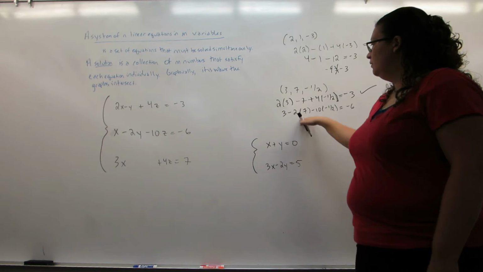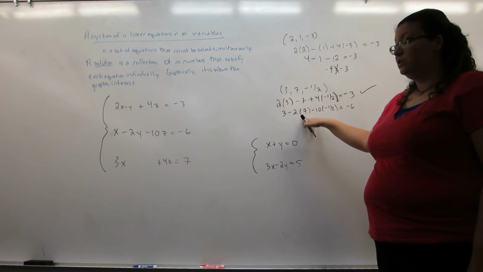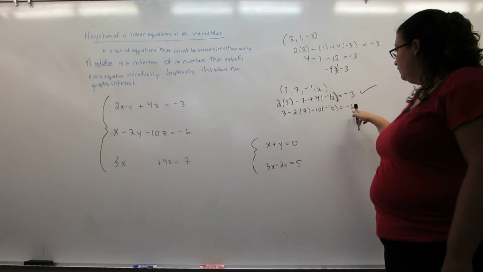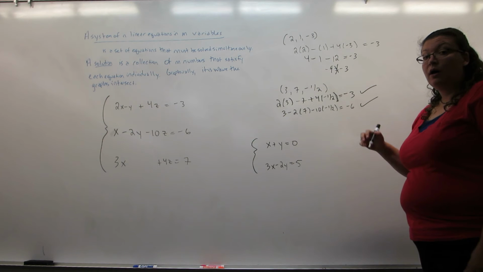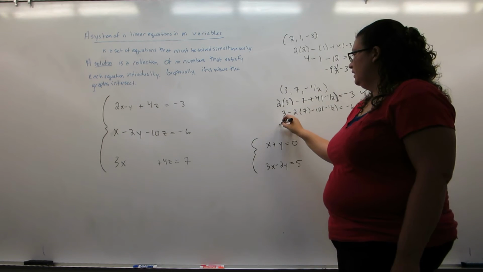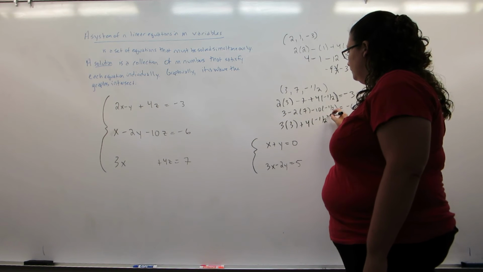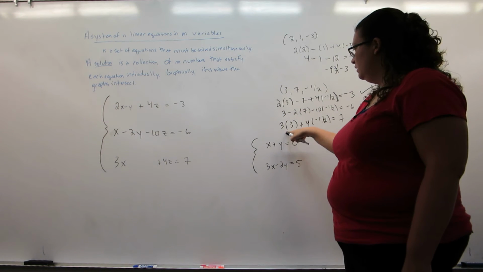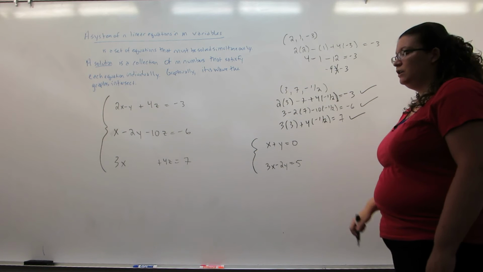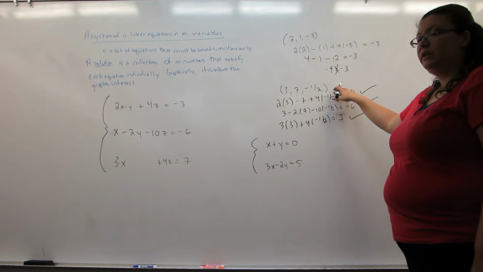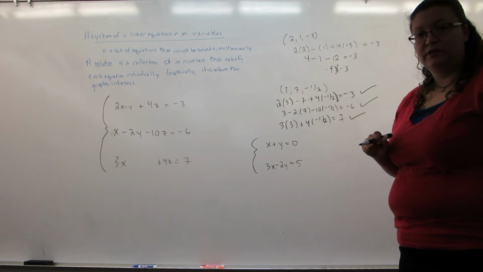I get 3 minus 14, which is -11, plus 5, which is -6. But I still don't know it's a solution until I check the last equation. I get 9 minus 2 does in fact equal 7. So this point is a solution to our system.